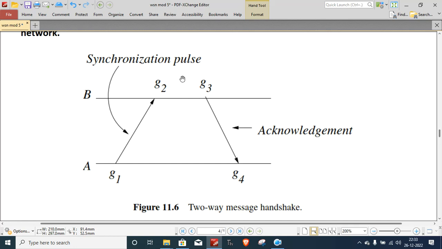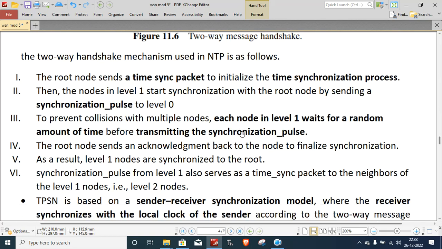Then the root node acknowledges to the lower level nodes that it has received the synchronization pulse. As a result, level 1 nodes are synchronized to the root. The synchronization pulse from level 1 also serves as the time synchronization packet to its neighbors at level 2, and the same process repeats till the last node.